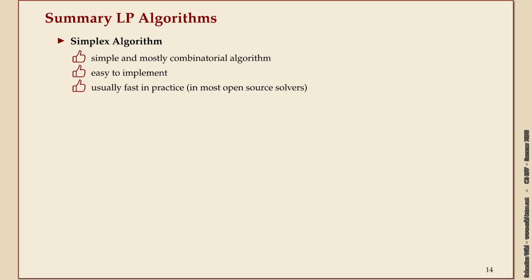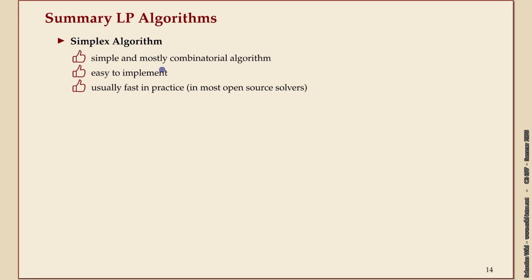So let me wrap up at this point. What we've seen is the conceptual ideas behind the simplex algorithm. It's a relatively simple and mostly combinatorial and discrete algorithm. It uses linear algebra to do the computations, but it's basically talking about these discrete objects as vertices on a polyhedron.